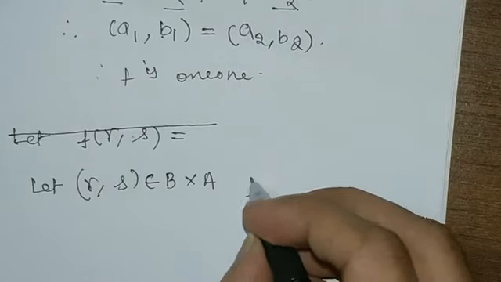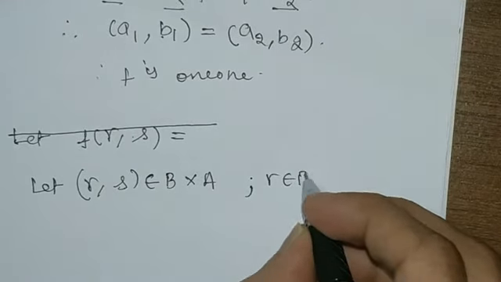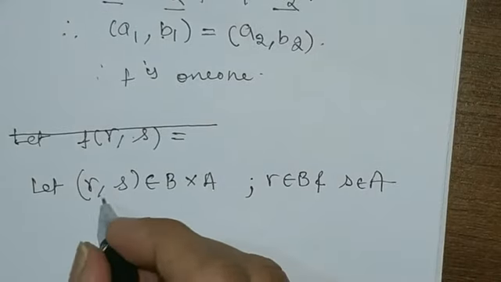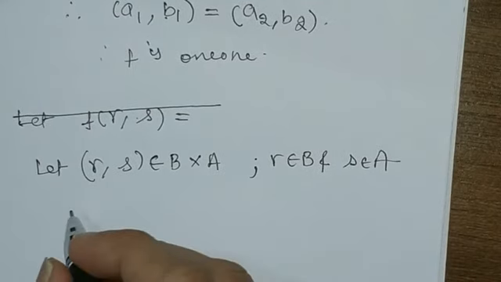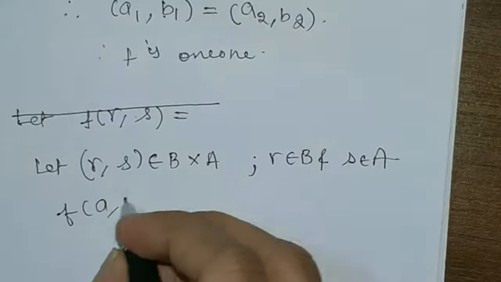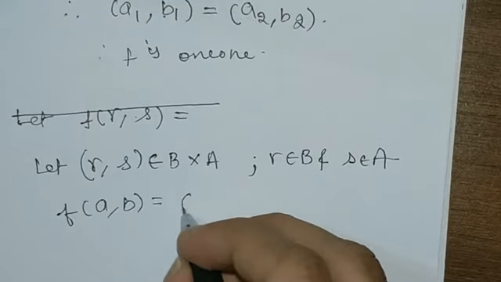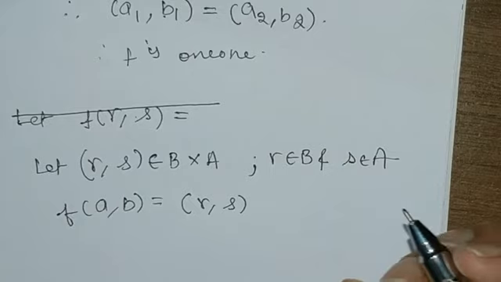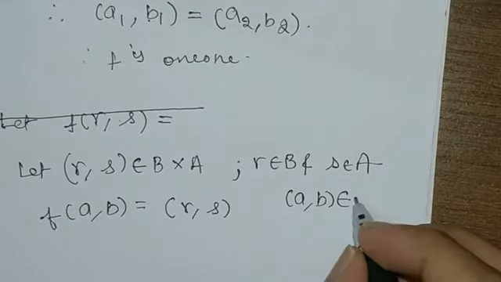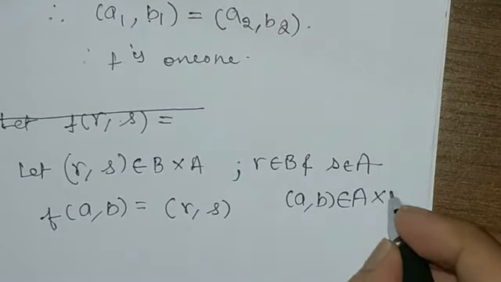So here you will have r belongs to B and s belongs to A. Now we have to find (a, b) which is equal to (r, s), and this (a, b) belongs to the domain.